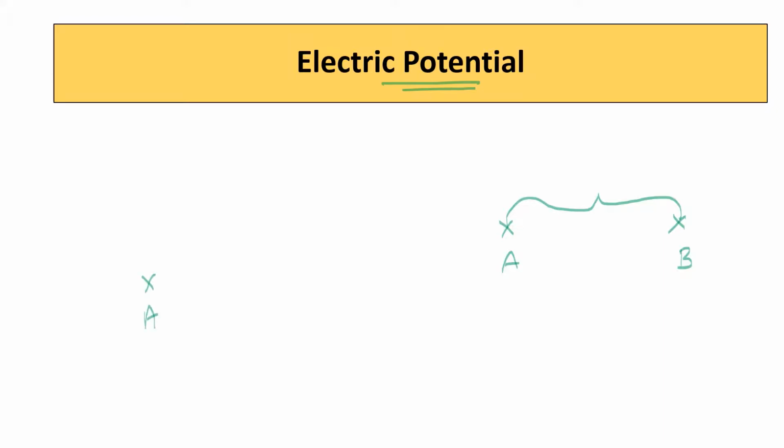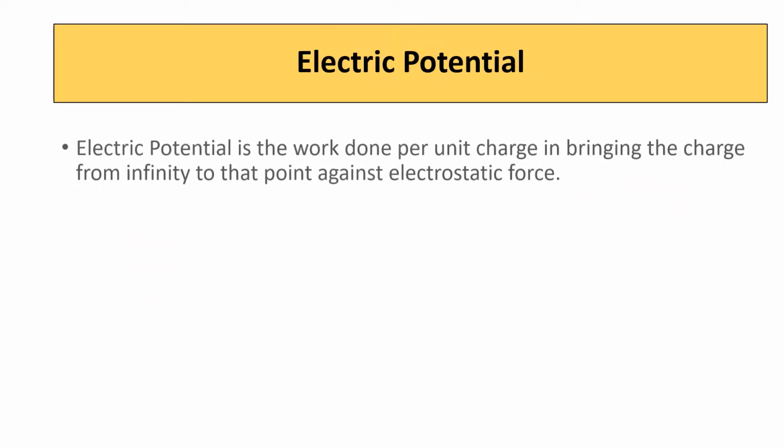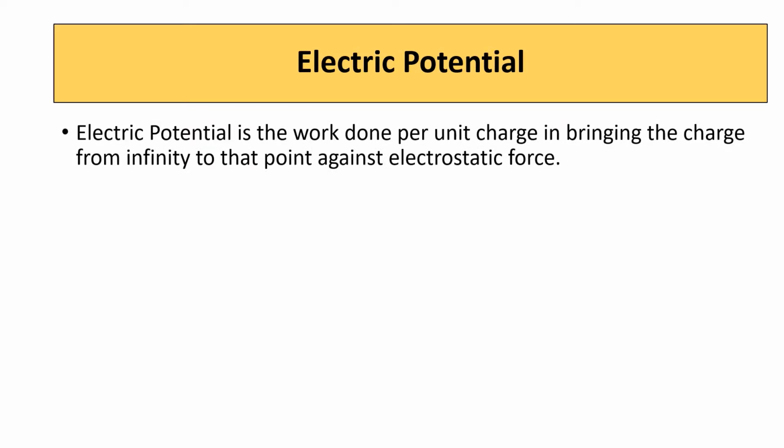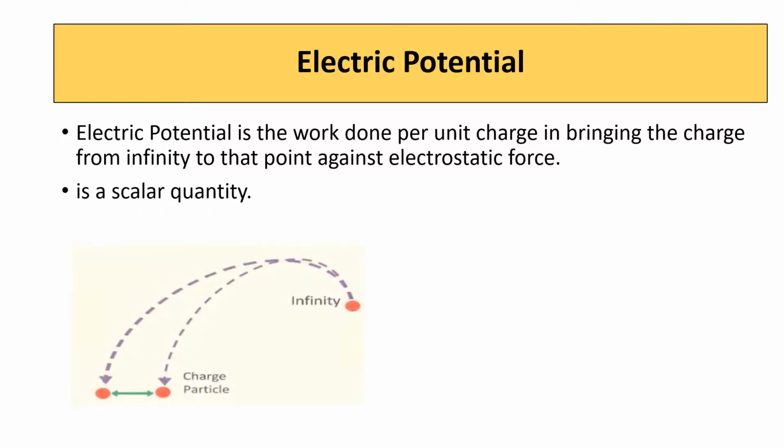In that case, electric potential at that point is the work done in bringing a charge from infinity to that point. Electric potential is the work done per unit charge in bringing the charge from infinity to that point against the electrostatic force. It is also a scalar quantity.